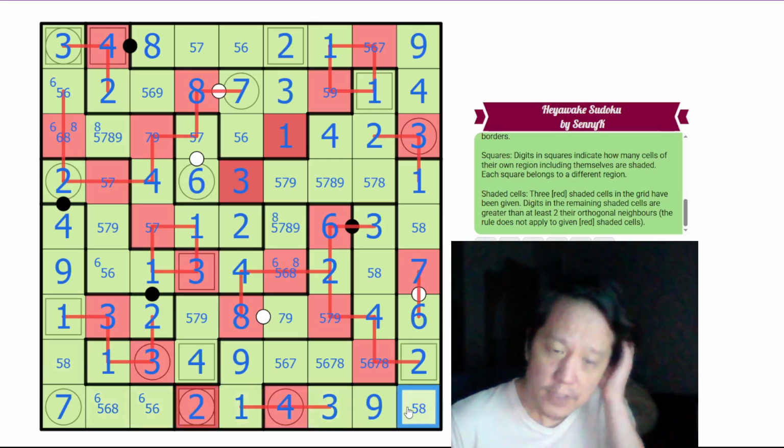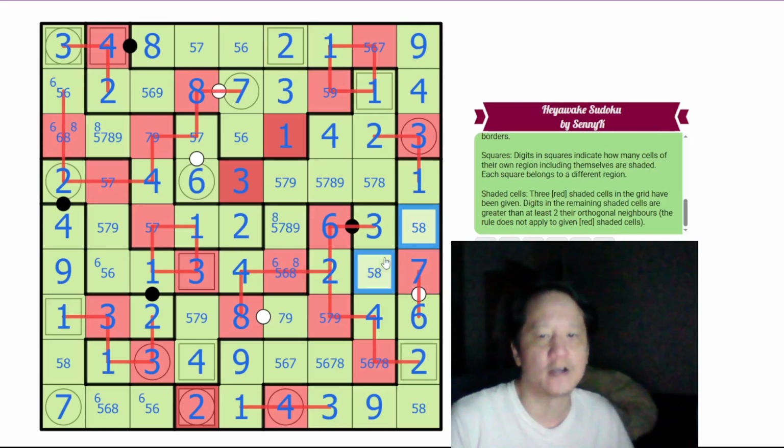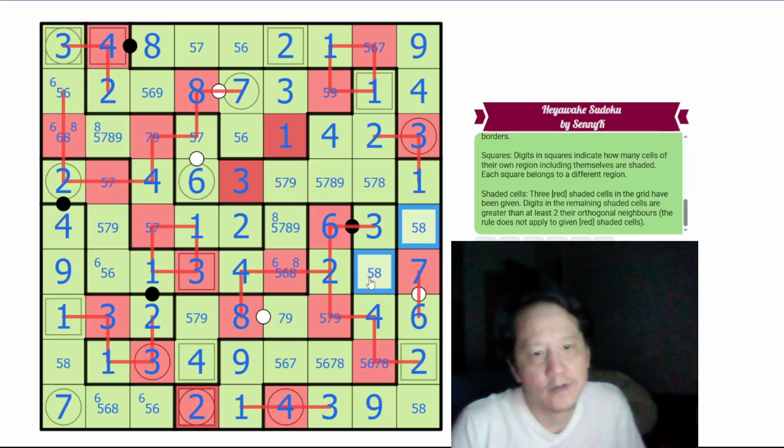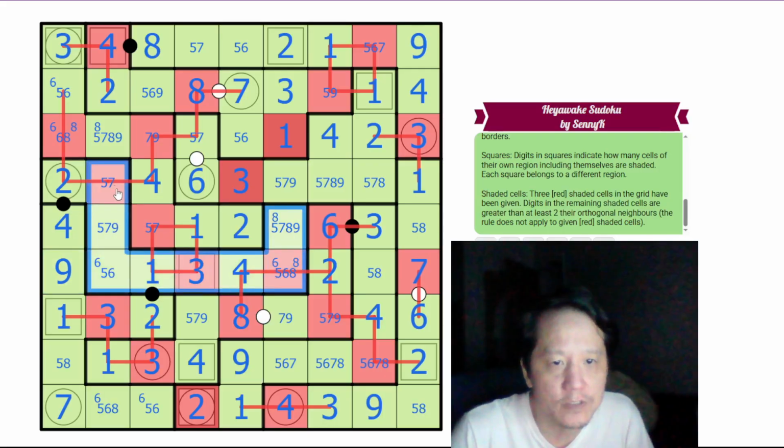So this is the same digit as that. So this is guaranteed to be next to a 5. So we're guaranteed a 5 has to be one of these digits here in this region. Oh, it could be here.